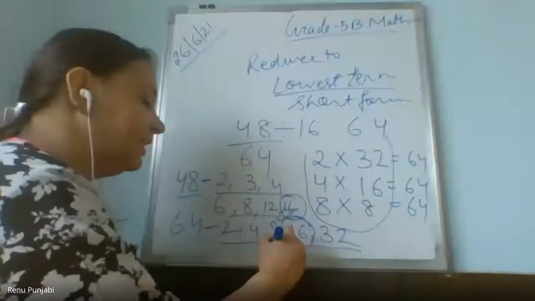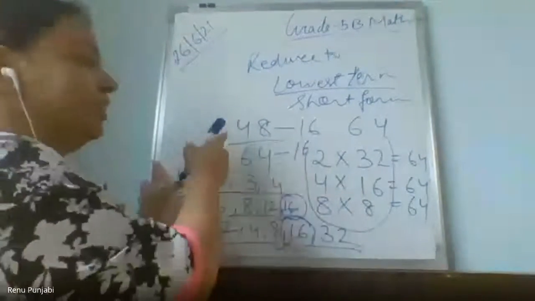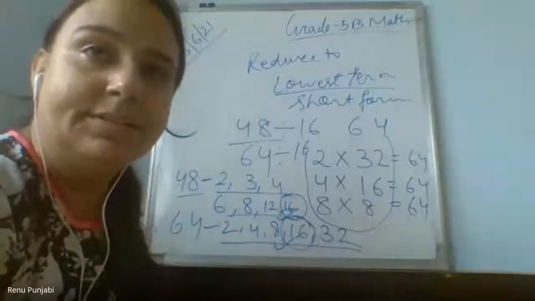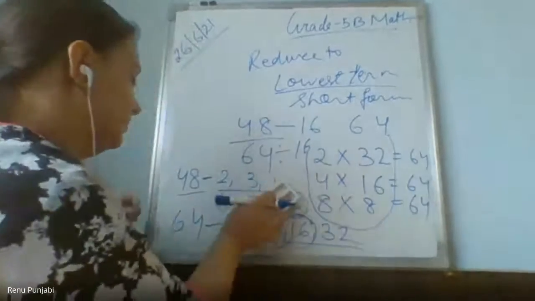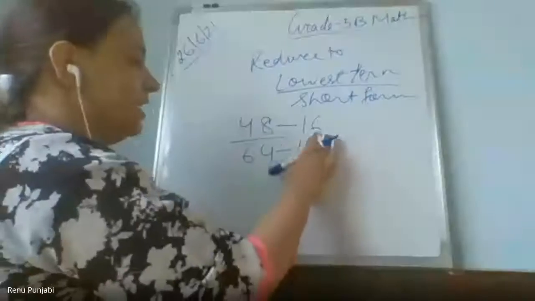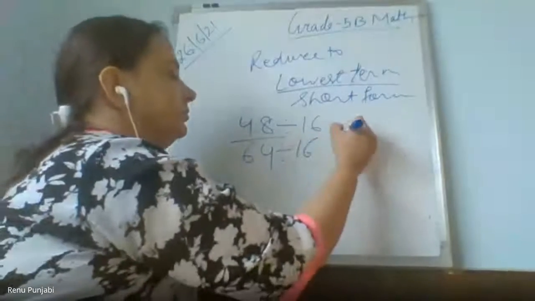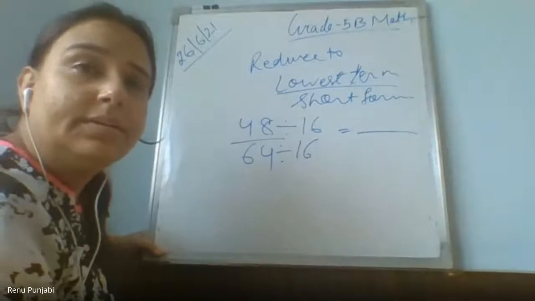Now after finding the highest common, divide that number with both the numbers, with the numerator and with the denominator. Now tell me, when 48 divided by 16, what will be your answer? 3.